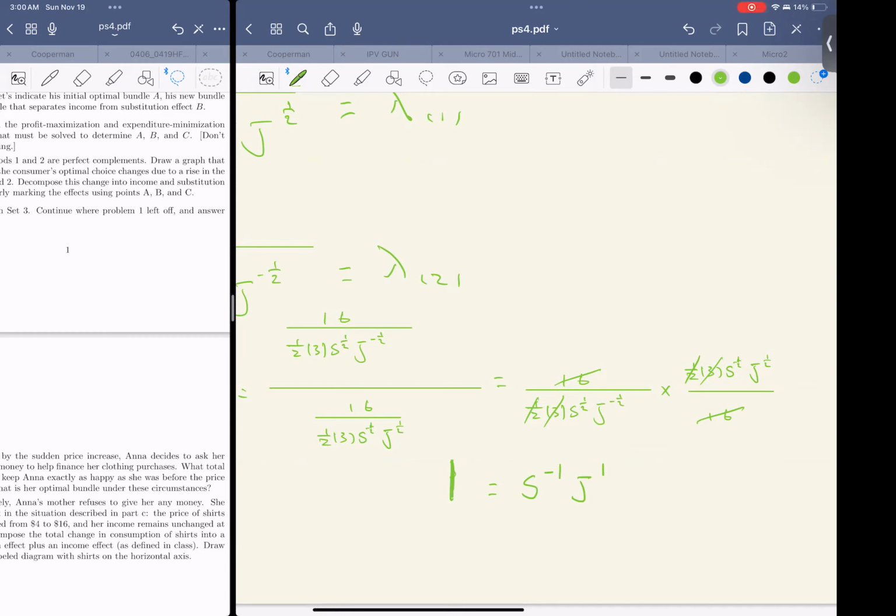So that's our condition after you simplify this whole thing. Let me quickly go through this. I can't jump too much, or it'll be confusing. So we have -1/2 S and J to the 1/2.